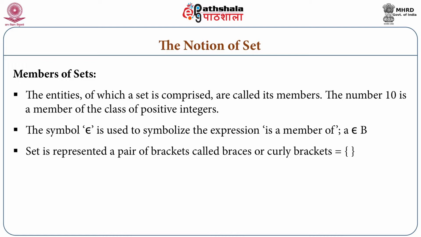And then when we say that something is a member of something, we represent it by saying, let us say, A is a member of a collection called B. So now we have two notions here, a set and membership.